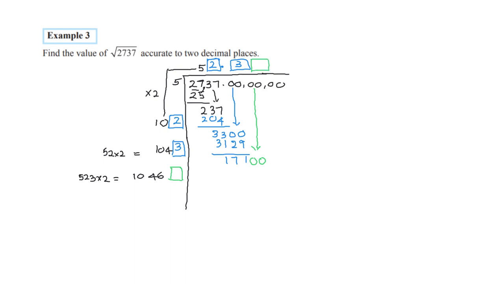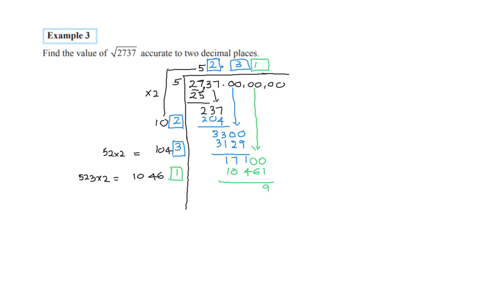Okay. Then 10,460 something. You want to put there. Definitely it should be, if you put 2 there, it's 20,000 something. Definitely it should be 1. Perfect. Then 10,461. So you have to subtract.